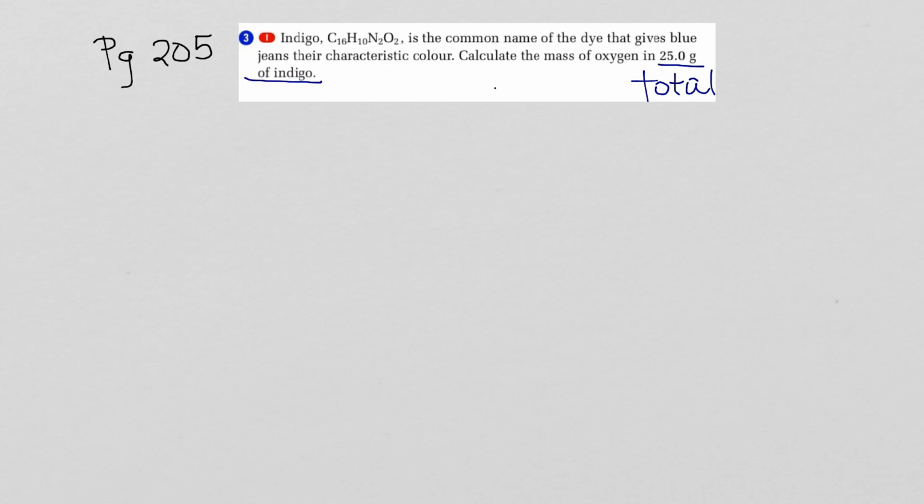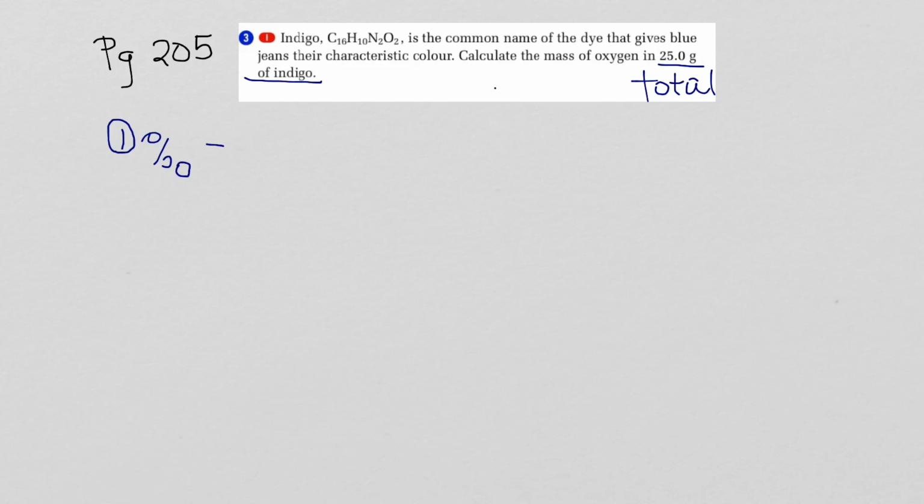But they only want oxygen. So we can do this in one step, or we can do it in 2 steps. So actually I'll show you in 2 steps first. So first, they want the mass of oxygen. But if we can calculate percent oxygen, then that would tell us that, again, no matter what the total is, the percent of oxygen is always the same.